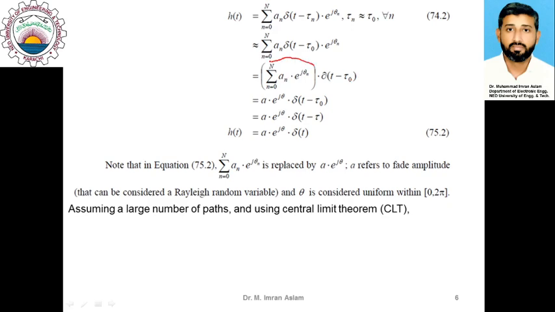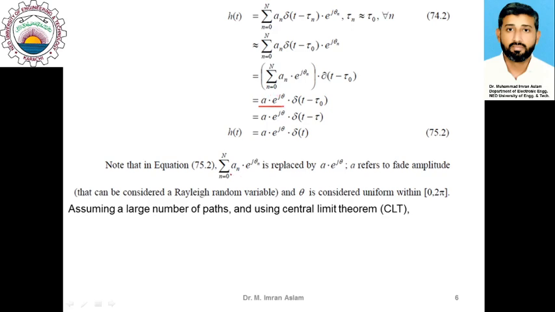So you would see that this part is actually representing the overall change in amplitude. An are representing the amplitude and theta n representing the phase. Of course, when these components add up, there will be a resultant phase and resultant amplitude. So we can replace this entire summation with a resultant amplitude and phase.